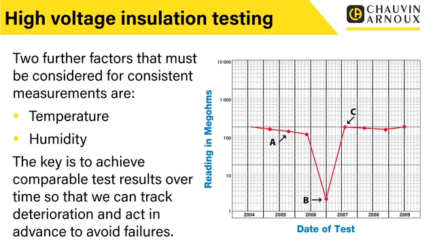If you look at the graph on the right hand side, what we're plotting here is a preventative maintenance cycle where we've been carrying out these tests over time. What this illustrates is that we've carried out tests and noticed a steady drop off in insulation resistance.